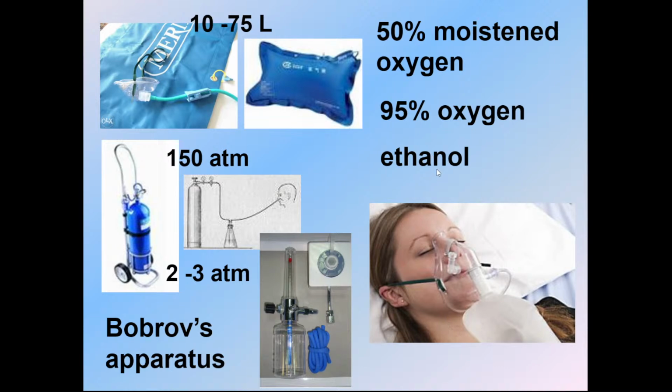Because if the patient inhales oxygen which passes through ethanol, it has a depressing activity on the formation of bubbles. When the foam is depressed, the respiratory tract becomes empty and the patient breathes easily.